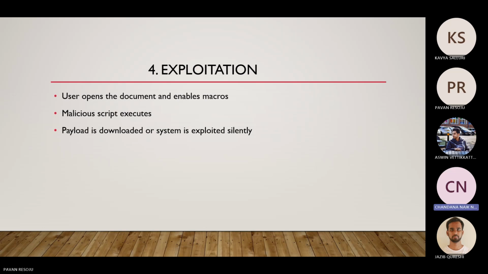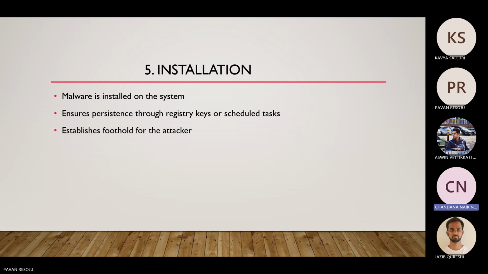Step 5, installation. The downloaded malware installs itself on the victim machine. It might create scheduled tasks, edit registry keys, or install services to maintain persistence. This gives the attacker a foothold within the organization.